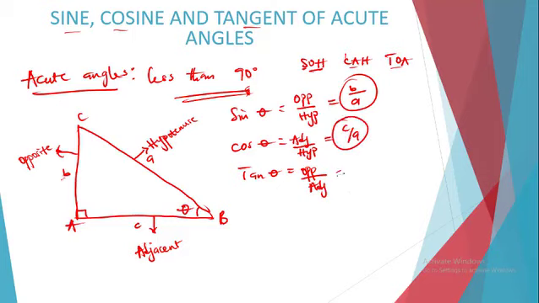For tan theta, it is opposite over adjacent, and our opposite is b and adjacent is c, so we have b over c. I want you to note these three things because they'll be beneficial to us as we solve problems in trigonometric ratios.